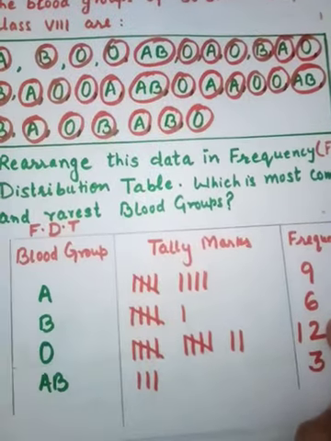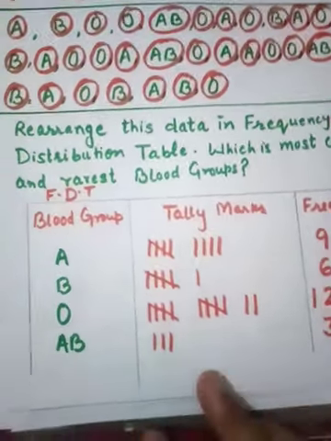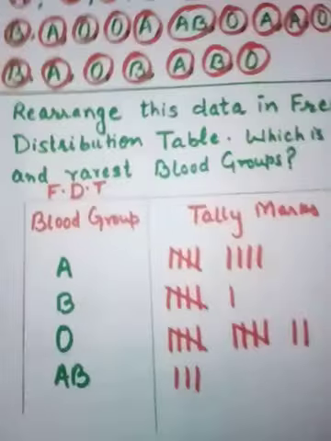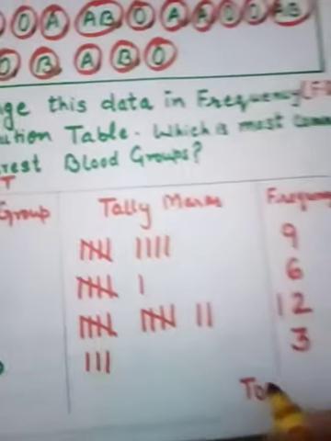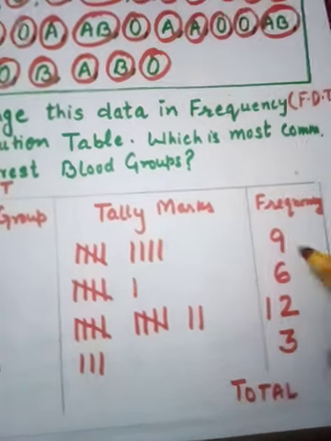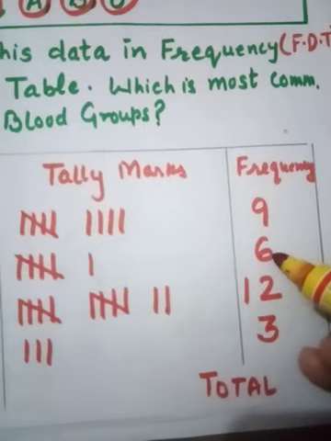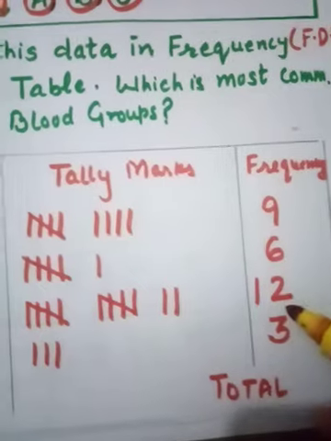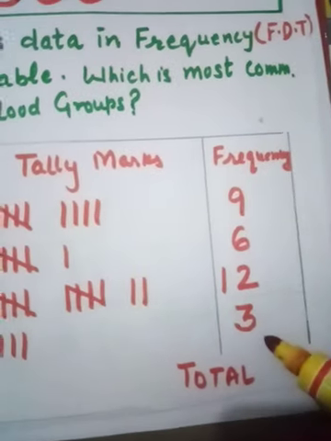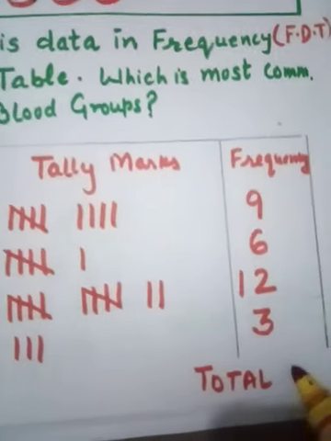These are the three basics for a frequency distribution table. In the last, you can write the total: 9 plus 6 is 15, 15 plus 12 is 27, and 27 plus 3 is 30.